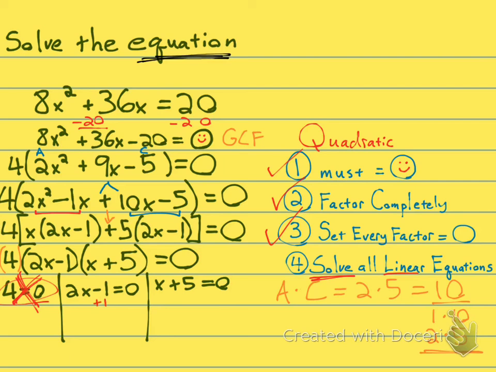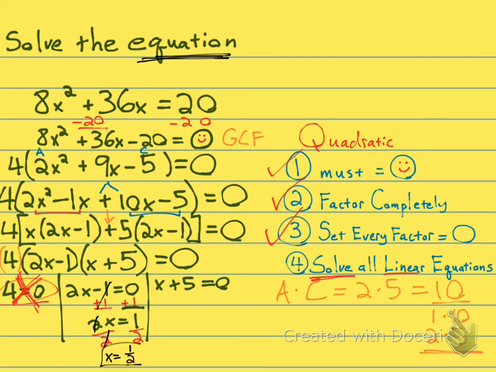I'm going to add 1 to both sides. These cancel, so 2x equals 0 plus 1, which is 1. One more step to get the x by itself. Divide out the 2, and x equals 1 over 2, which is 1/2.